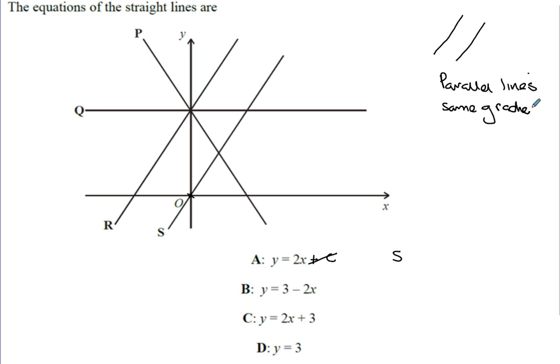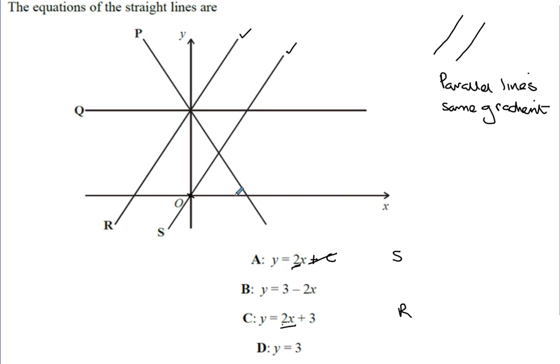Okay, so we just have to look for another equation that's got the 2 as the gradient. So you can see you've got y equals 2x plus 3. So line R must be equation C. Yeah, so we've done that line and that line.